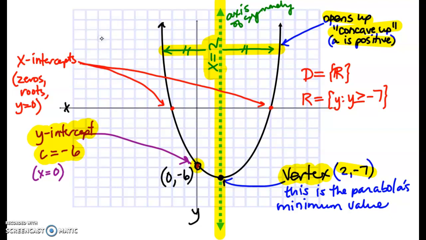Okay, let's look over here at the x-intercepts. So the y-intercept is where it crosses the y-axis. The x-intercept will be where it crosses the x-axis. Okay, and in this case, there's 2 spots. If we would move this parabola up, up, up, there could be a chance of having only one x-intercept if the vertex was right on the x-axis.